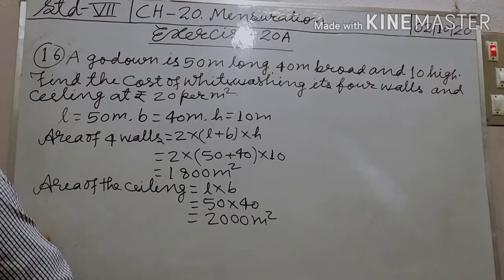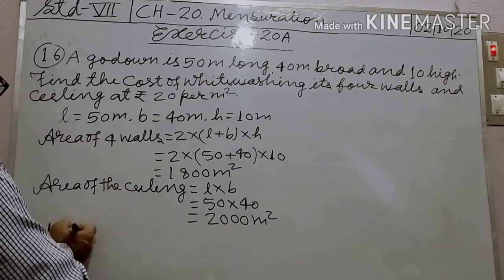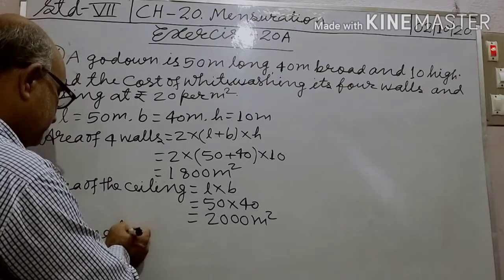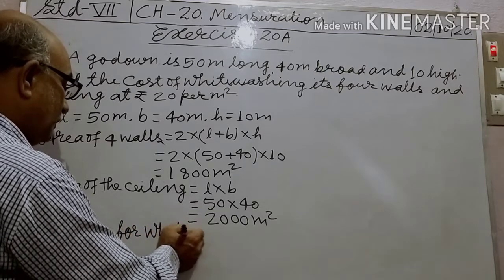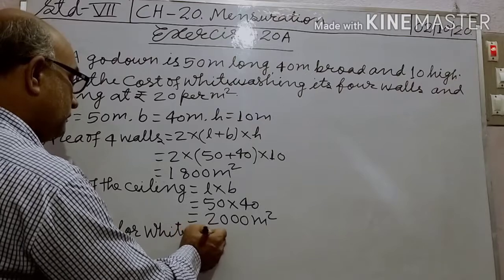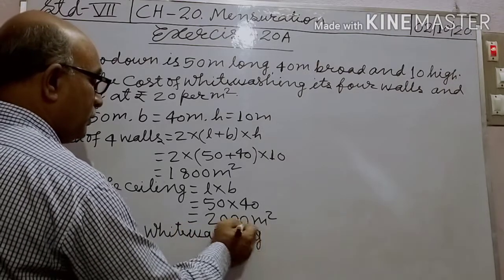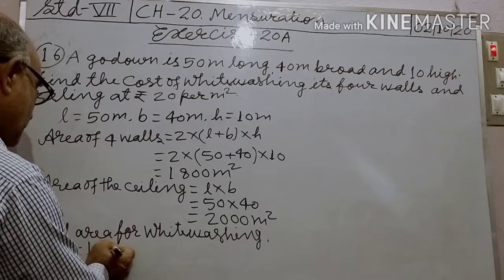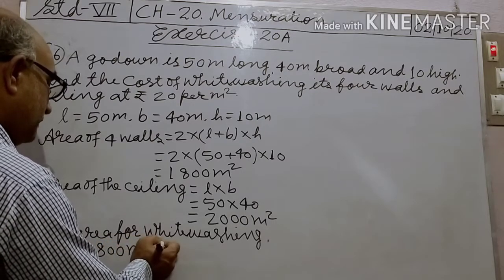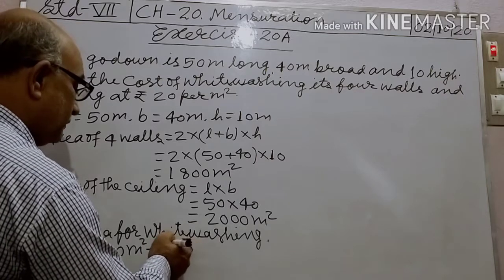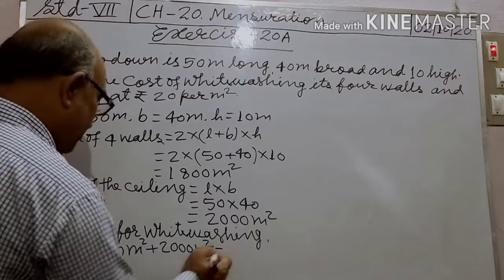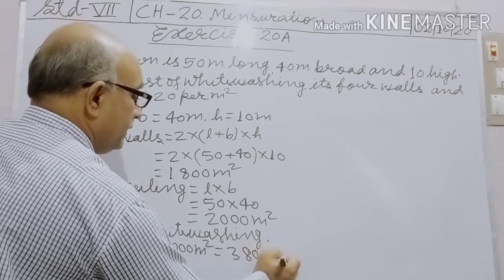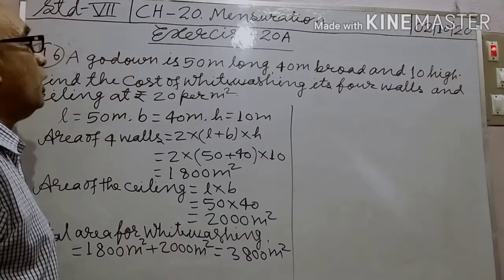So total area for whitewashing equal to 1800 meter square plus 2000 meter square equal to 3800 meter square.